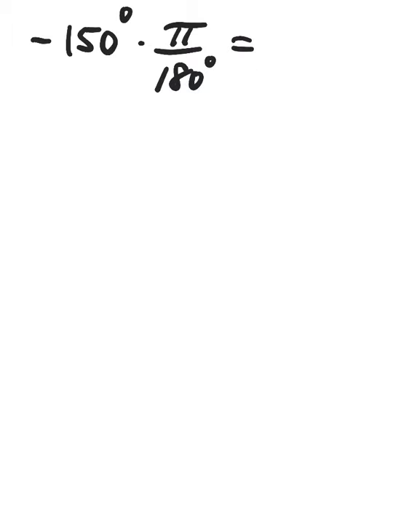Negative 150 over 180 simplified is how much? Negative 5/6, that's right. Both numbers are divisible by 30, so that'll help you reduce.